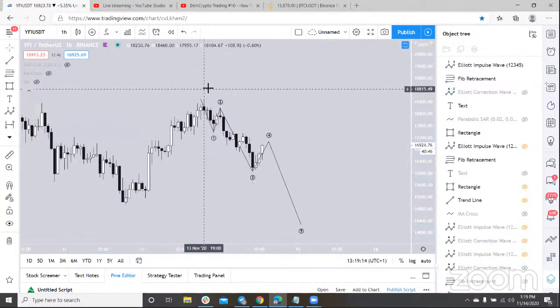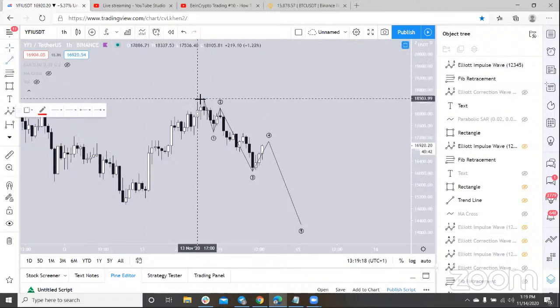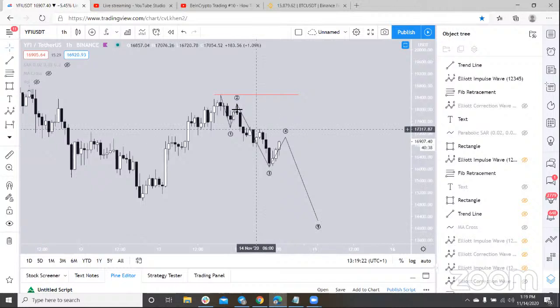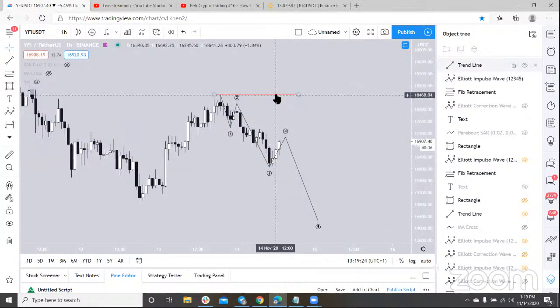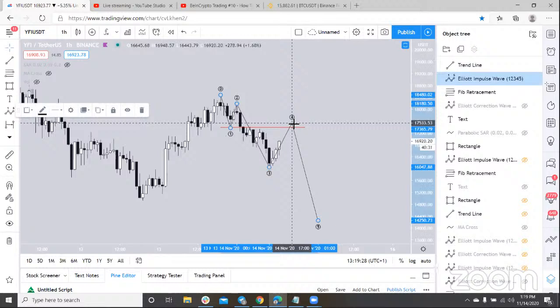So if you manage to catch the high, the stop loss would be here, because that's the beginning of the impulse. And then as wave 3 develops, the stop loss can move here, because this would invalidate it.